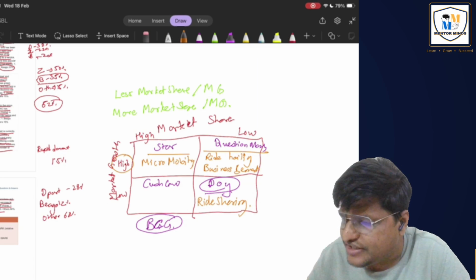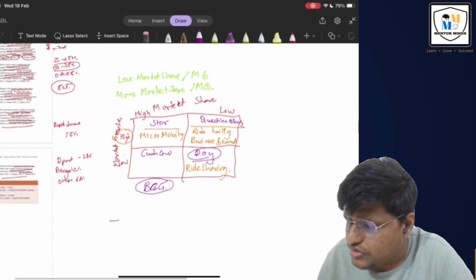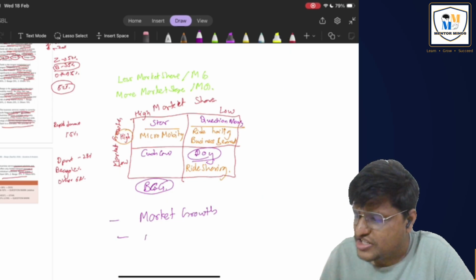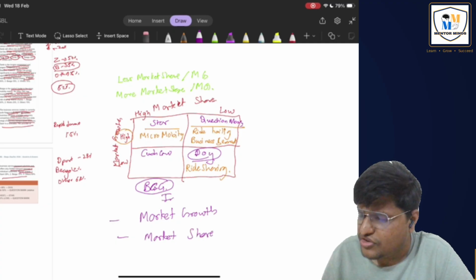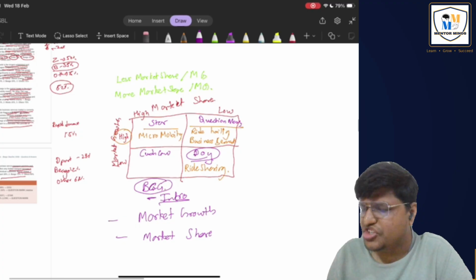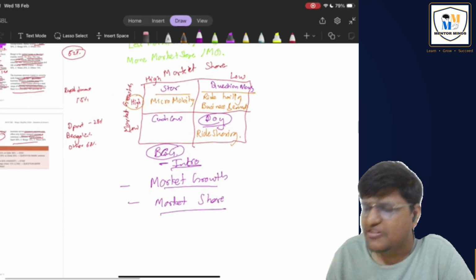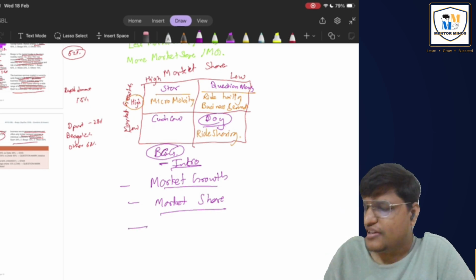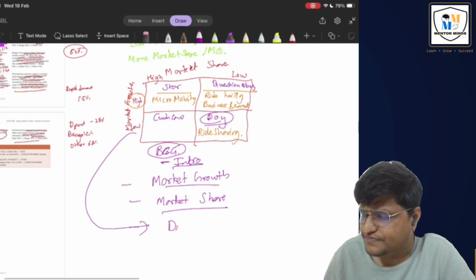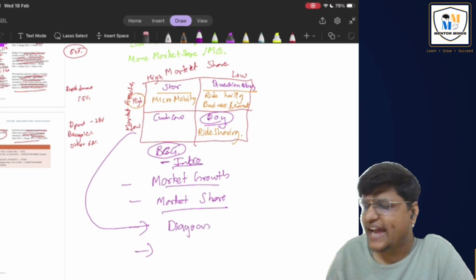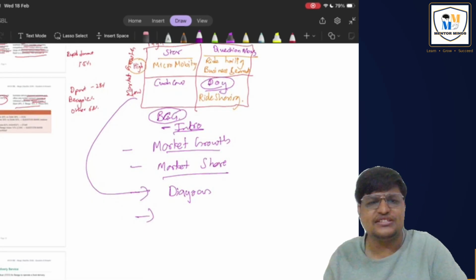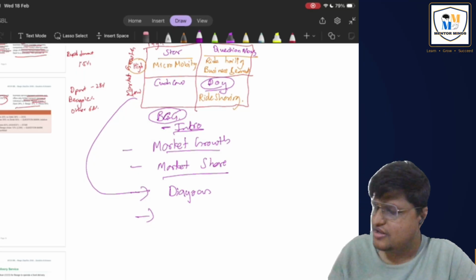First we'll write about what market growth is and what market share is, obviously after the introduction. In our report, first we write the introduction, then we write about market growth, then we write about market share. Then after that we will draw this diagram and explain why micro mobility is a star, why ride hailing and business services are question marks, right?